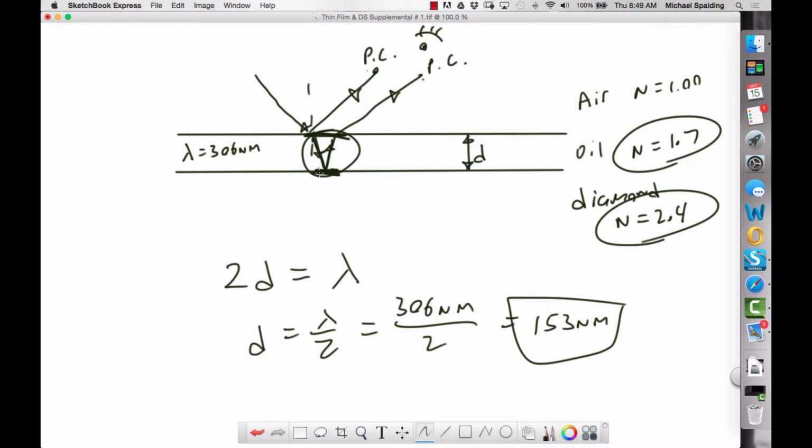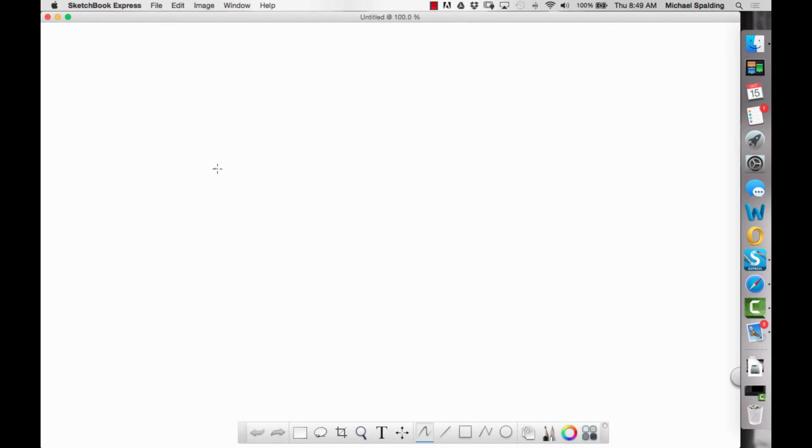Okay, the oil film now rests on a thick slab of glass with an index of refraction of 1.4. So now we got a whole new setup here. So here's the new setup. We got these boundaries.